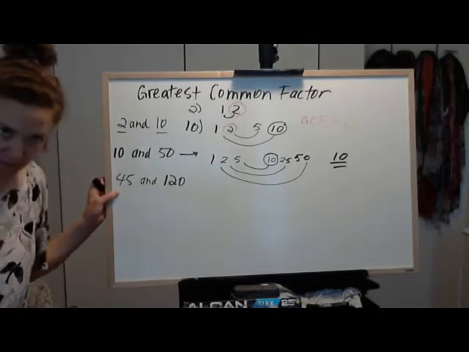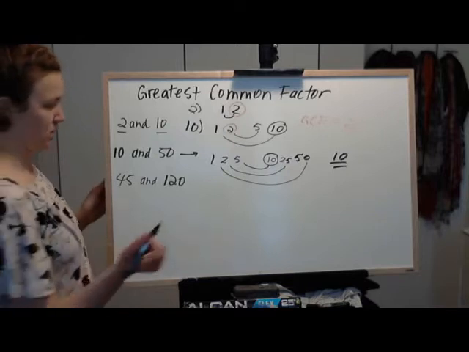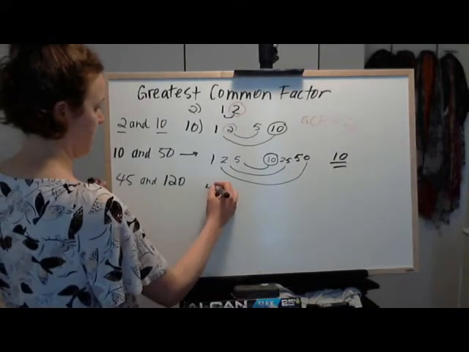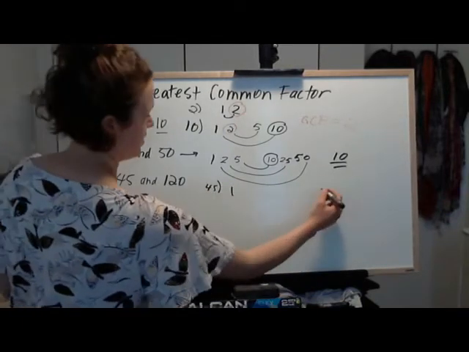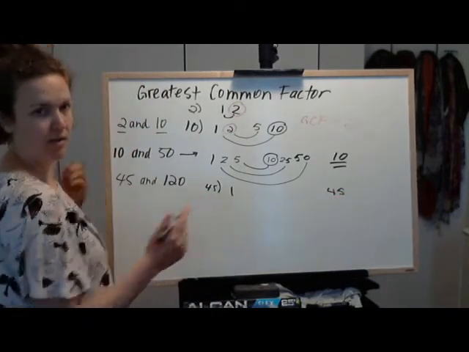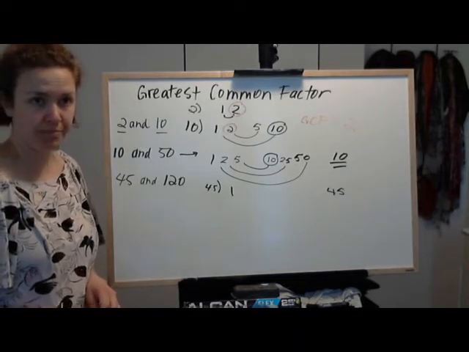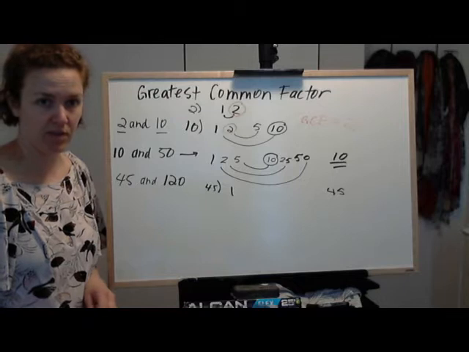All right, 45 and 120. This will be interesting. Let's do 45 first. So 1 and 45. Does 2 go into 45? No. Does 3 go in? I'm pretty sure 3 times 15 is 45.